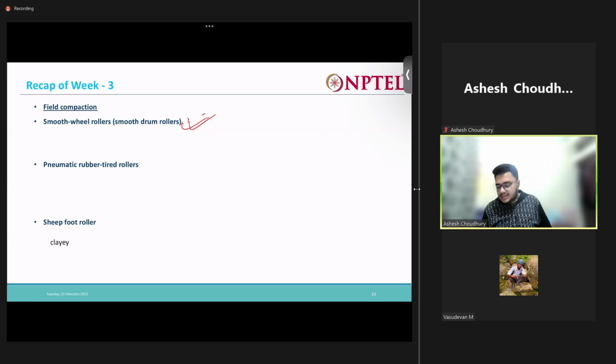Then we have the pneumatic rubber tired rollers. In these, there is a kneading action. Kneading was very nicely explained by the course instructor during the lecture.